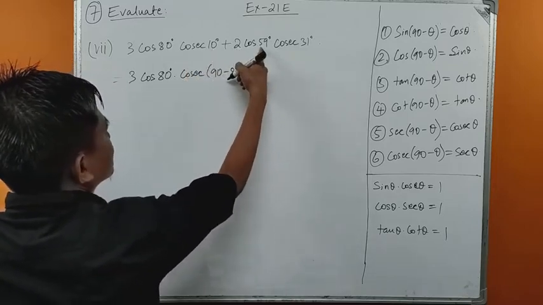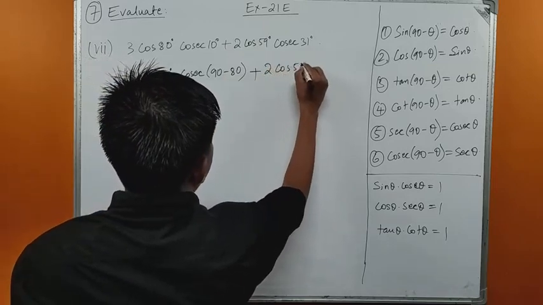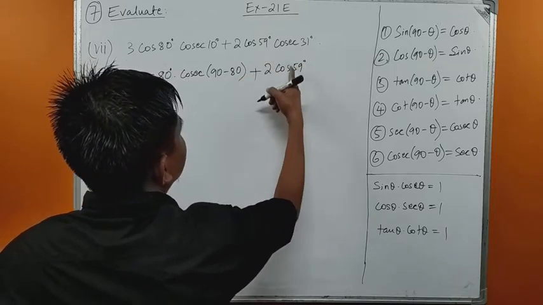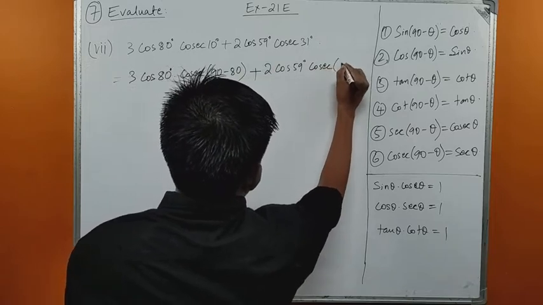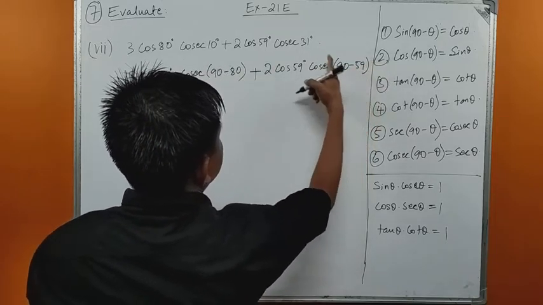Plus this 2 cos 59 we copy as it is, 2 cos 59 degree. And cosec 31 means cosec 90 minus 59. 90 minus 59 is 31, isn't it?